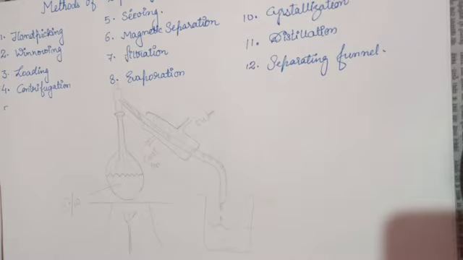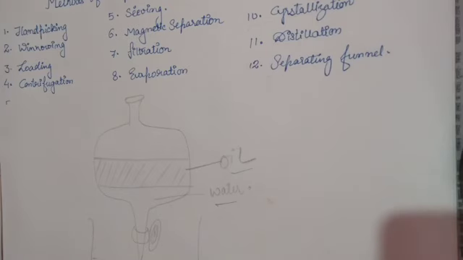Then separating by a funnel. This process is done on the principle of the density of the liquid. A separating funnel is an instrument that is used to separate mixtures of two liquids with the principle of their density.